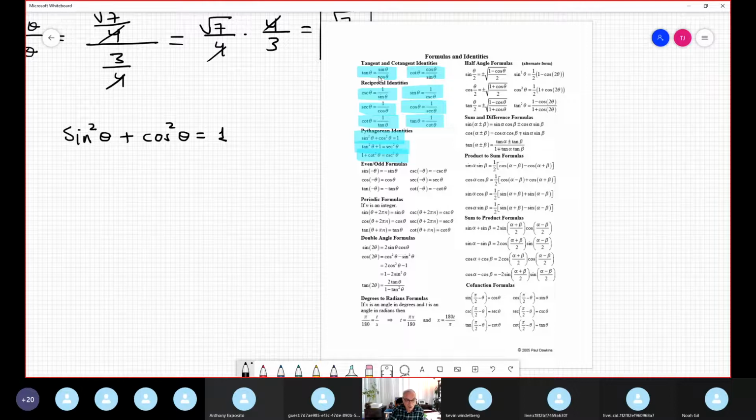For any angle, 30 degrees, 45 degrees, any angle. Tangent square theta plus 1 equals secant square theta. It's another Pythagorean identity. And 1 plus cotangent square theta is equal to cosecant square theta.